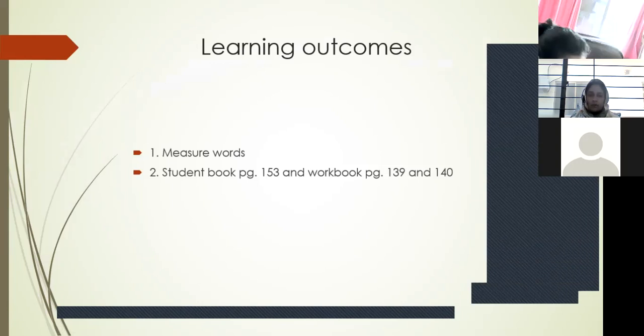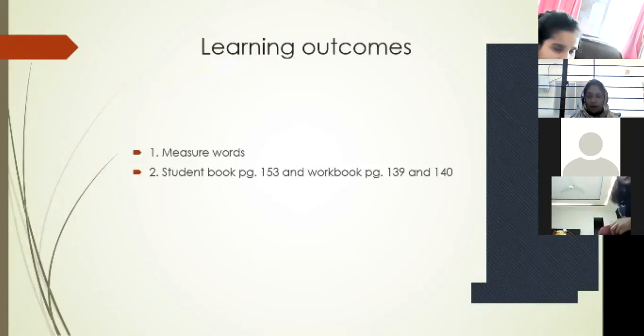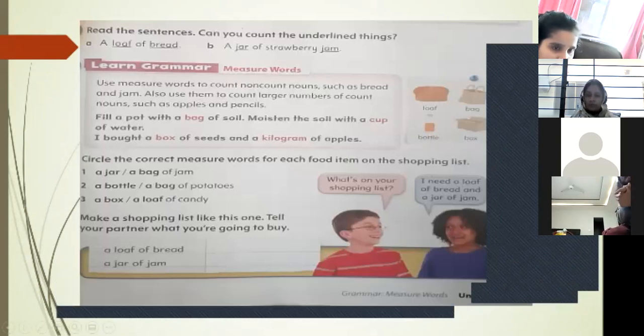Today we are going to do the measure words and the work which we'll do from the student book, that is page number 153, and workbook is page number 139 and 140, okay? So all of you are supposed to come on to page number 153 of your student book.